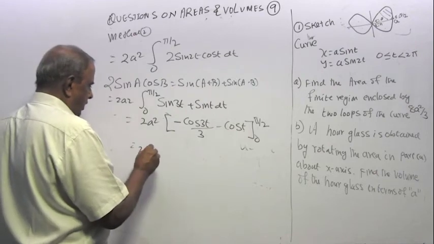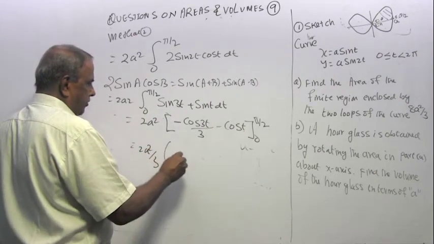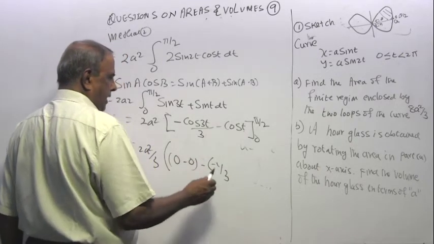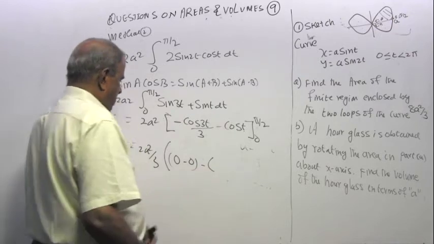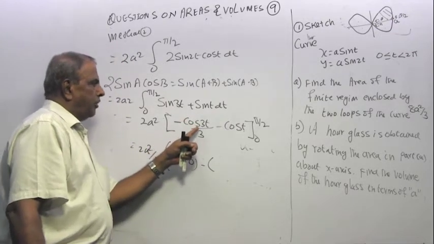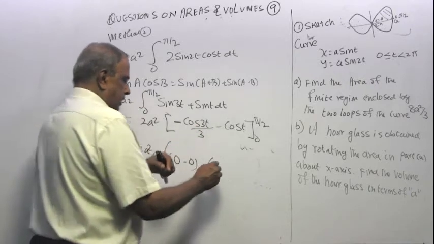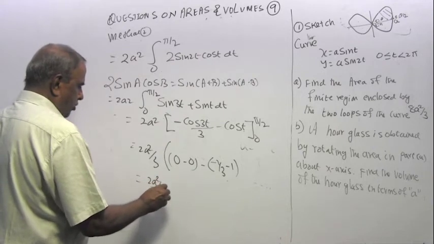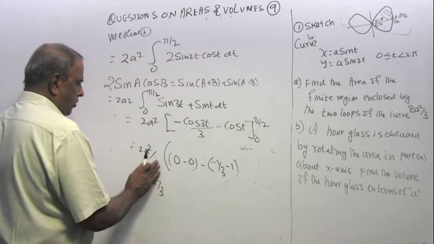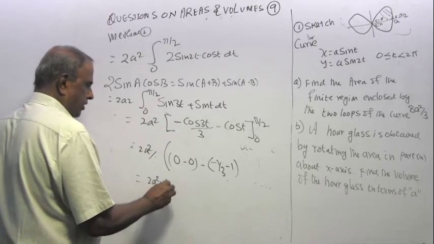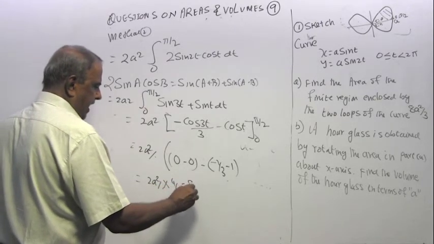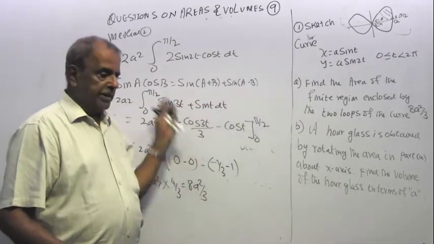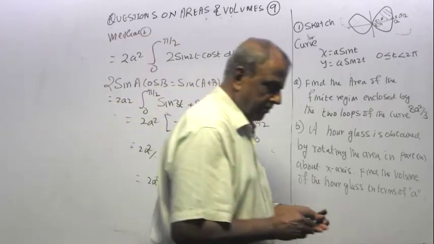It is 2a squared times 0 minus 0 minus, cos of 0 is 1, minus 1/3 minus 1. So it is 2a squared times 4 over 3, which is 8a squared over 3. So, same answer. You can do it this way or the other way.